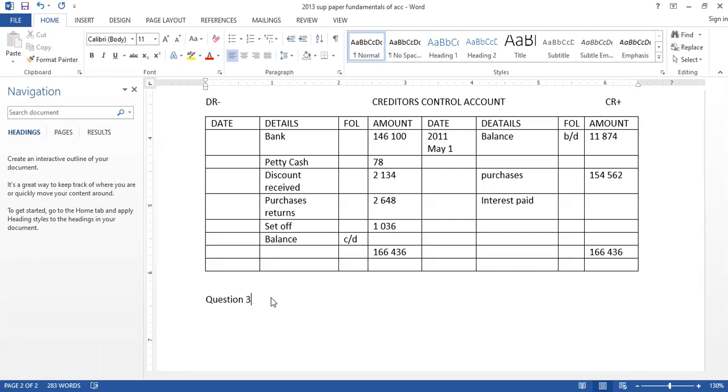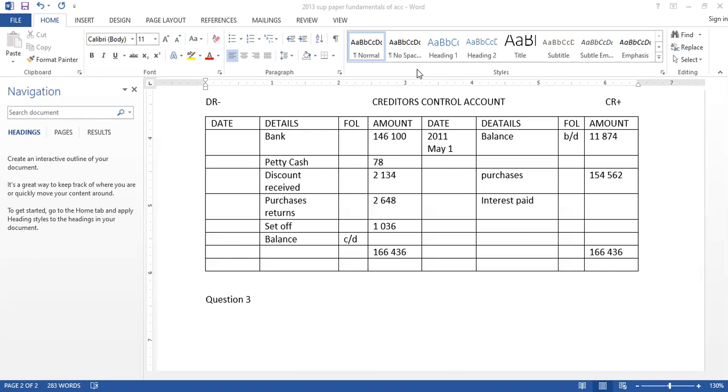So what happens is that each and every month end, just like the bank reconciliation, your suppliers send a statement of your account that shows you the balances that you need to pay.